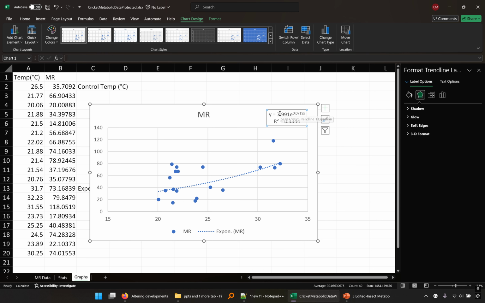This is an intercept value, so it ends up as 8 whenever it reaches the end. And the important value for an exponential graph is actually this value up here. So for every change in x, this is directly related with Q10 values that we would be looking at later on, because under Q10, for every 10 degrees increase in temperature, there's going to be around 3 times an increase in metabolic rate.